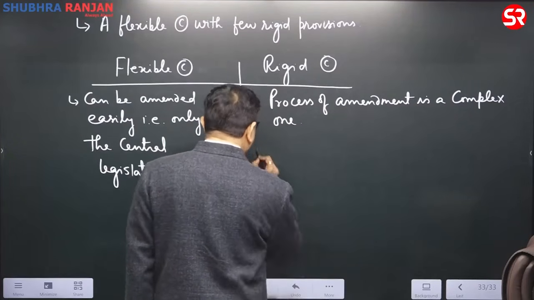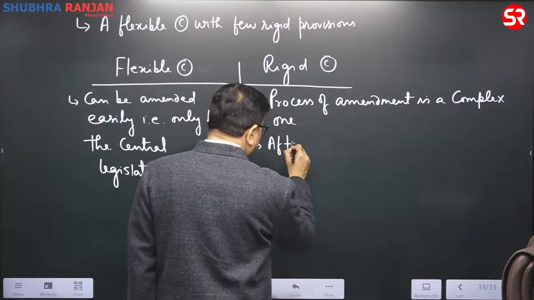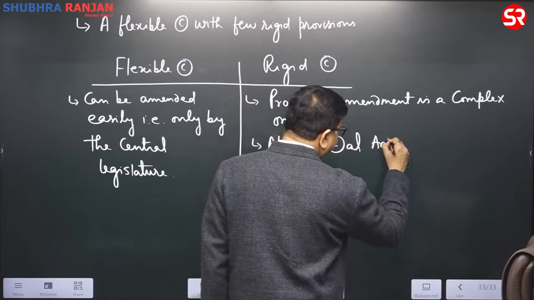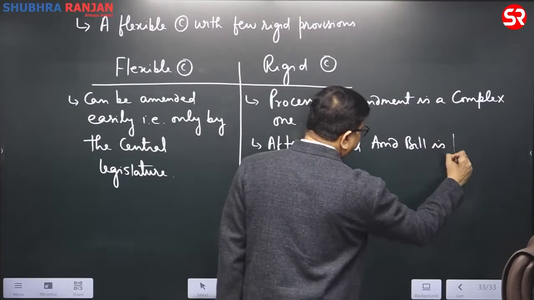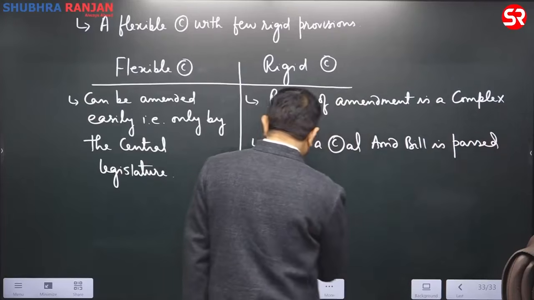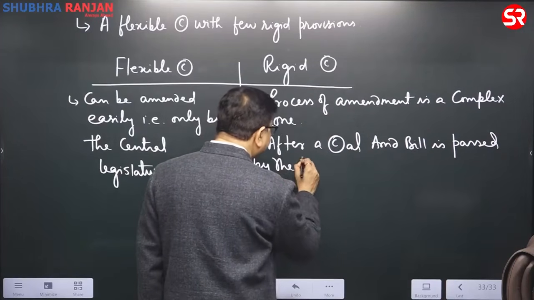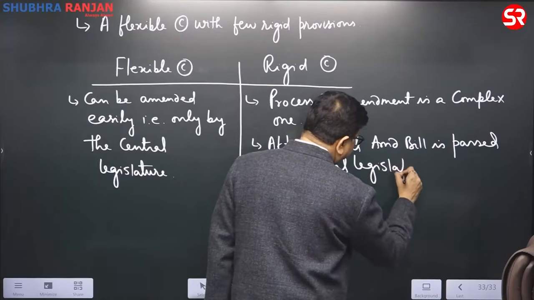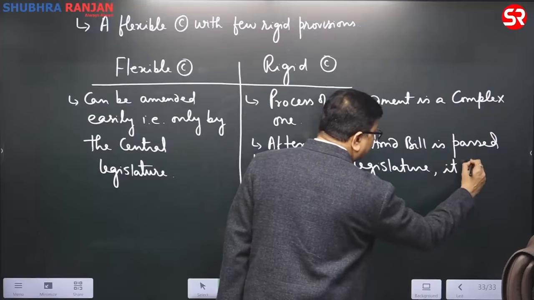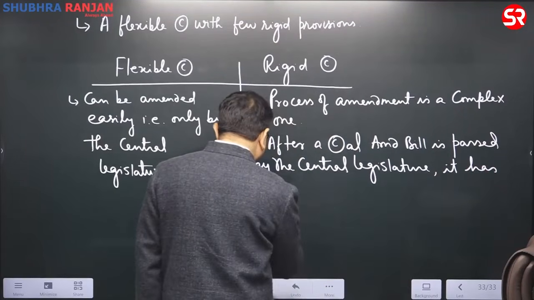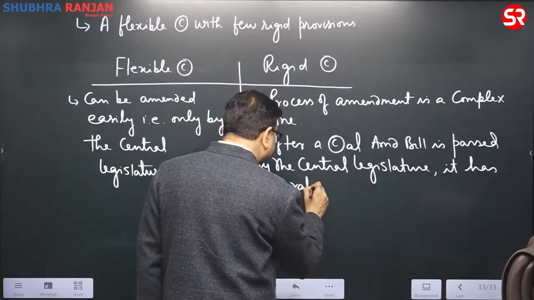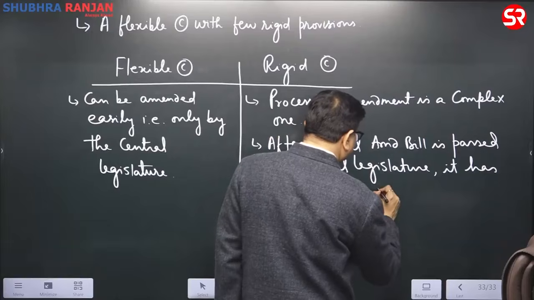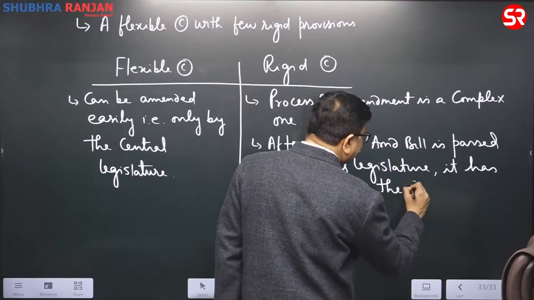What is the complexity here? After a constitutional amendment bill is passed by the central legislature, it has to be ratified by the state legislatures also.